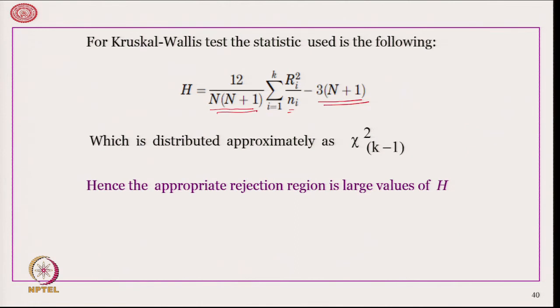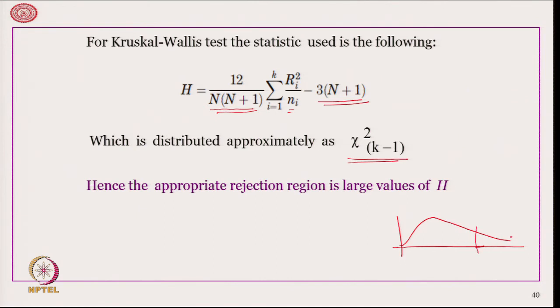Let us remember that we are not going to derive it, and it can be shown that this is distributed approximately as chi-square with k minus 1 degrees of freedom. As we all know, chi-square has this type of shape. Therefore, we shall reject the null hypothesis if the value obtained is too high.